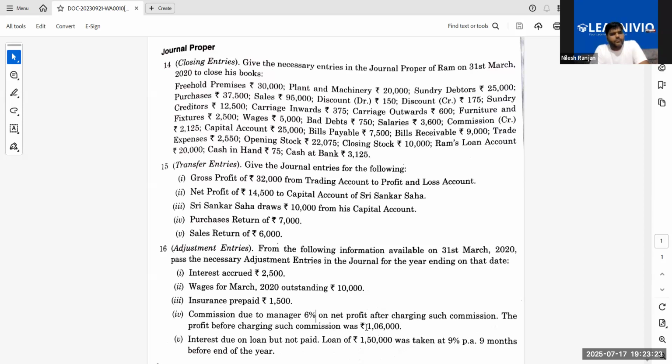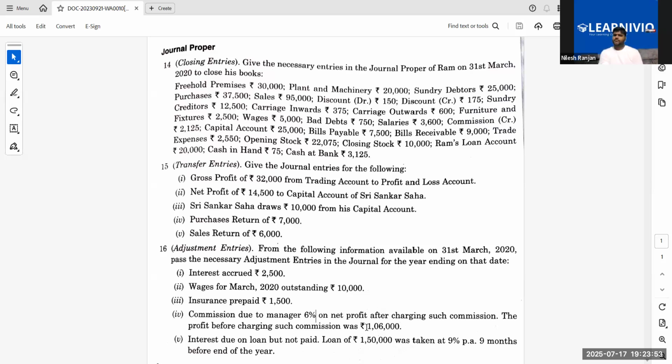Can you tell me what journal entries you have written? The first one, trading account to profit and loss account. Then second, profit and loss account to capital account.